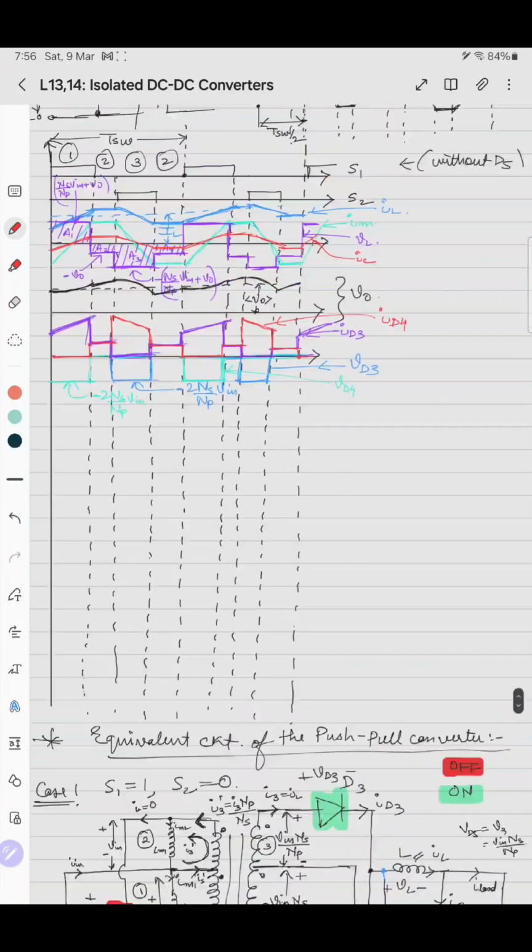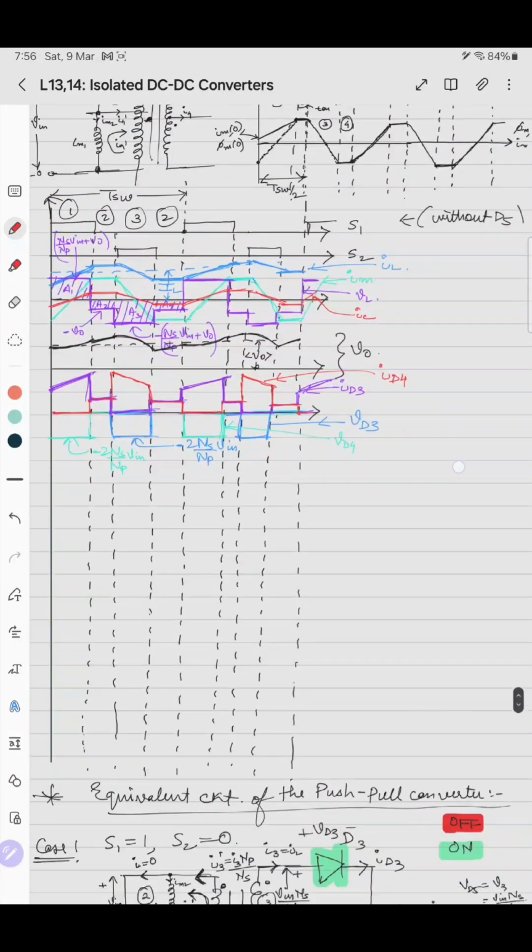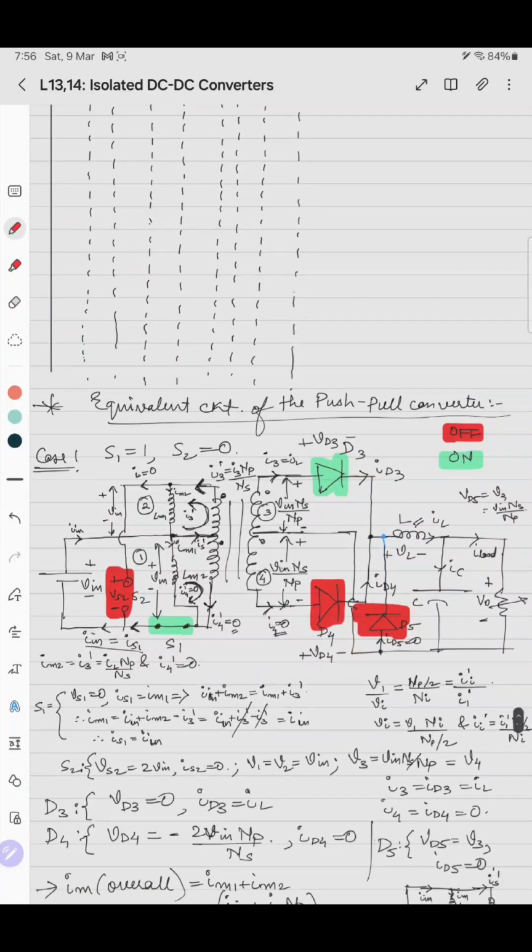Then we'll go to the primary side. In the primary side we have the switches. Now we will plot the voltages VS1, VS2, and the currents IS1 and IS2.